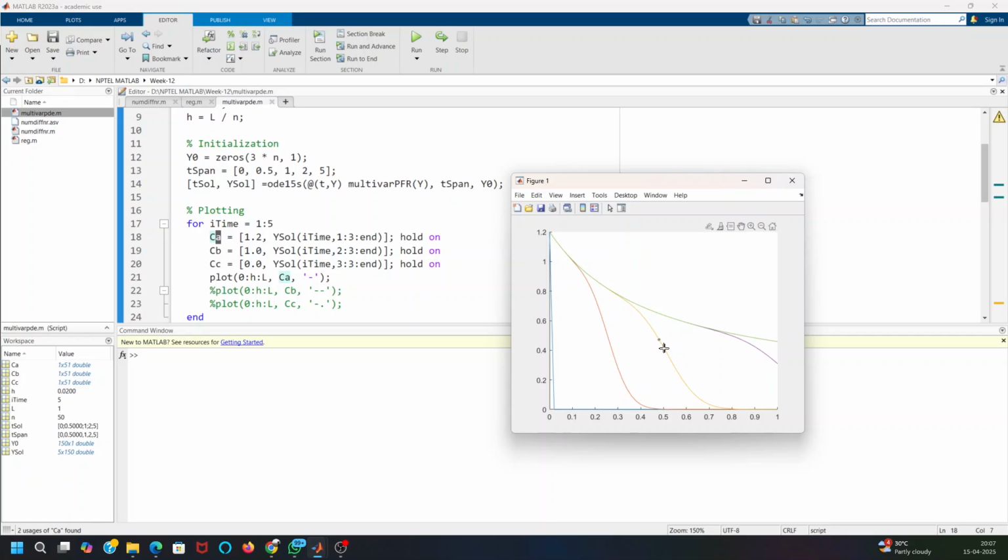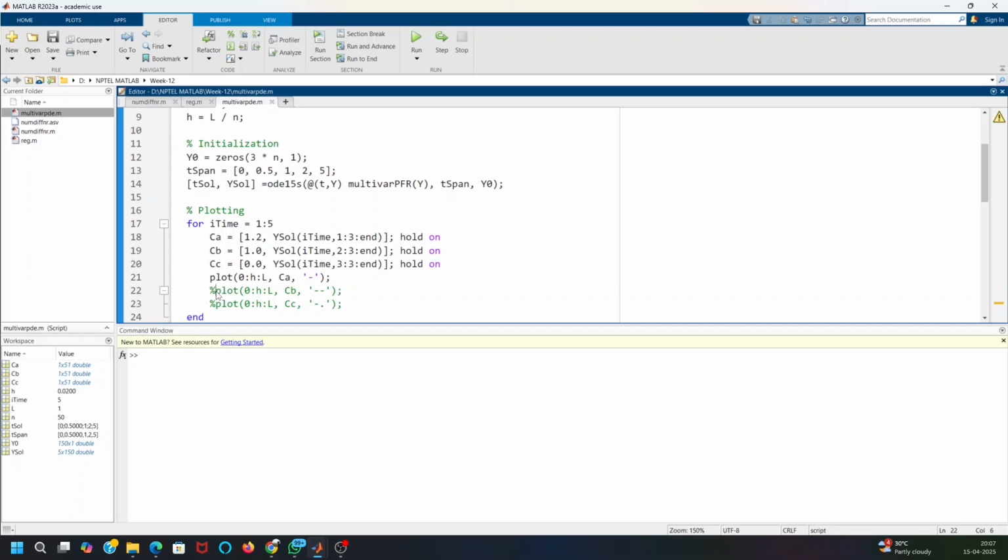One curve is for time 0, another for time 0.5, at various points on the reactor. Our reactor length is 1 meter, so we are going from 0 to 1 meter. At time t equals 0, this might be the concentration levels, at time t equals 1 this might be, and at time t equals 5 this might be your Ca concentration levels.